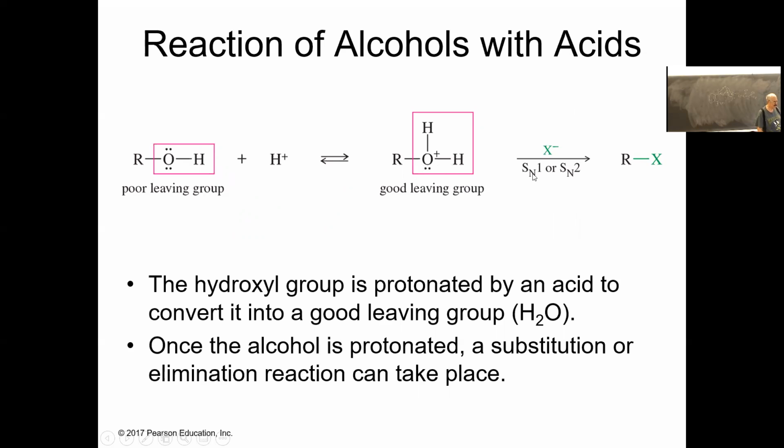We did both an SN1 and an SN2 with this. We used 1-butanol and HBr, and then we used t-butyl alcohol and HCl to make the corresponding halide.